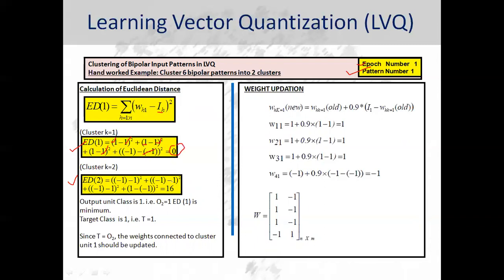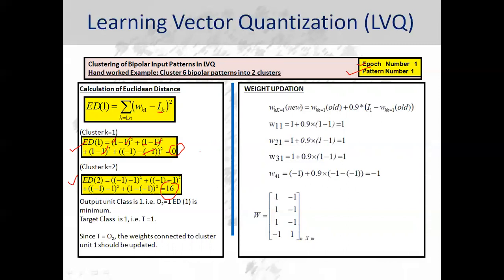In the same way, the Euclidean distance for the second cluster comes out to be 16. So just by looking at the distances produced through Euclidean distance, we see that cluster number 1 is the clear winner, being the producer of minimum Euclidean distance.